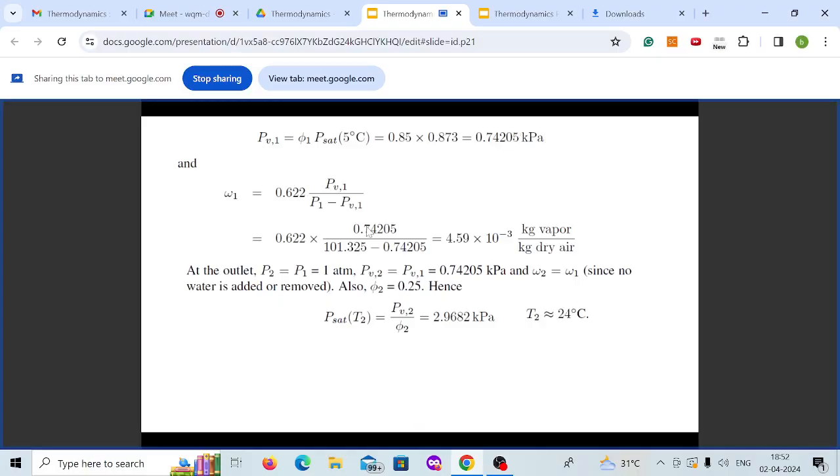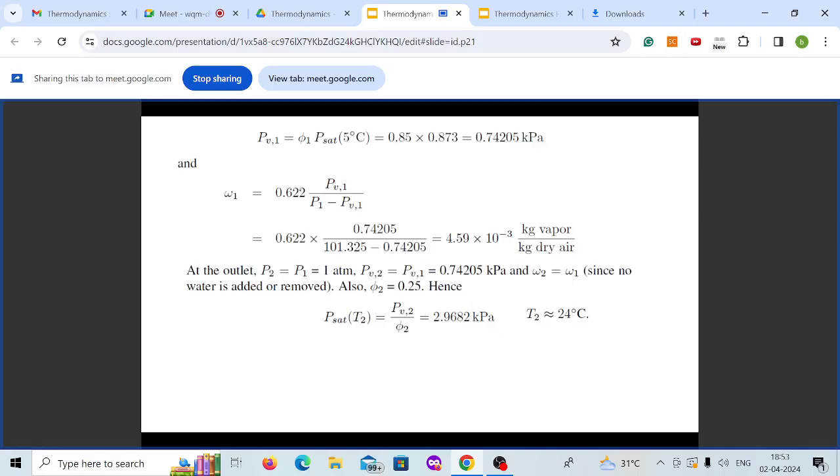Using this and your total pressure as 1 atmosphere, we can find the specific humidity at inlet: 0.622 times the vapor pressure divided by the total pressure minus the vapor pressure. This gives you a specific humidity of 4.59 times 10 to the power minus 3. Now at the outlet the pressure is the same as the inlet, because of the constant pressure assumption.